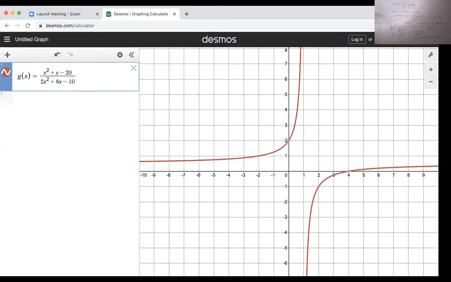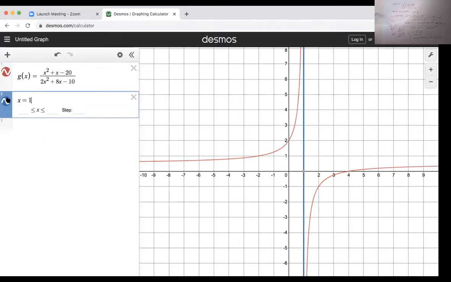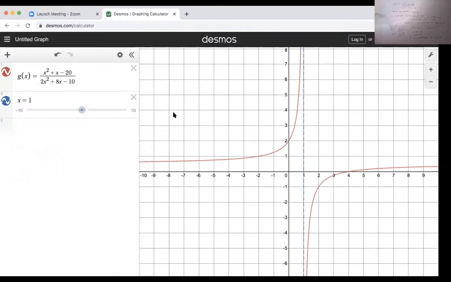Now, what did we say? We said we had a vertical asymptote where? At x equals 1. Do we see that on the graph? X equals 1. I'll draw it in here. And you can see the vertical asymptote. We said we had a horizontal asymptote at y equals 1/2.